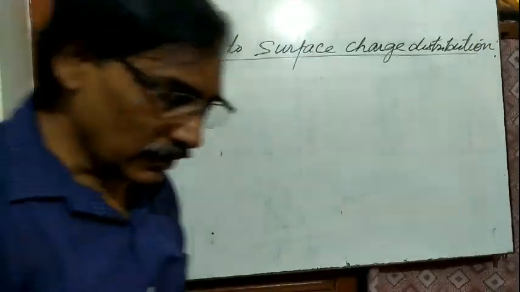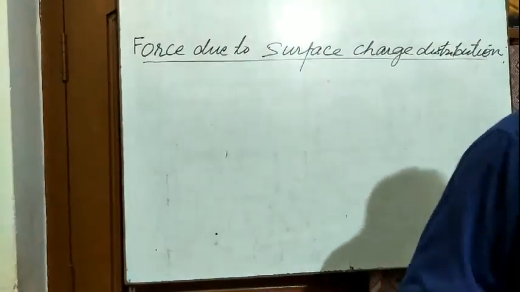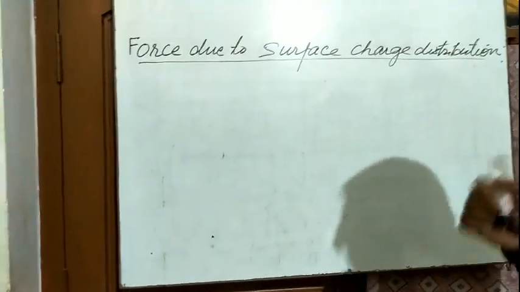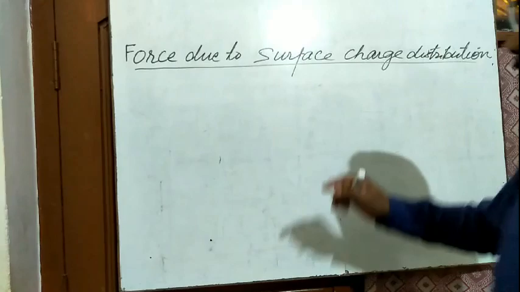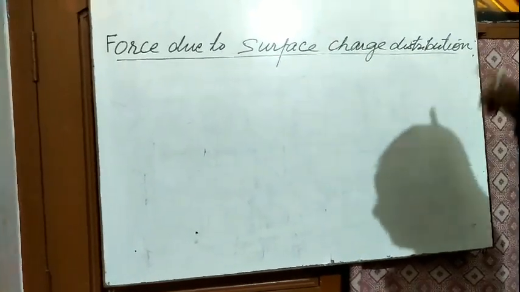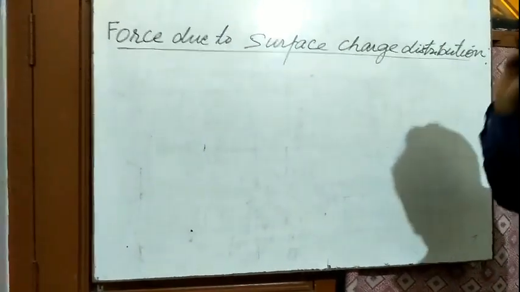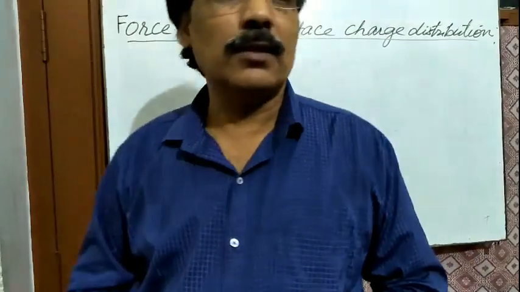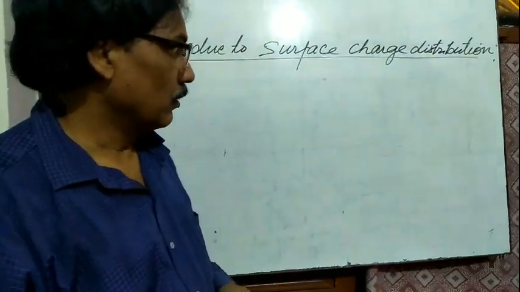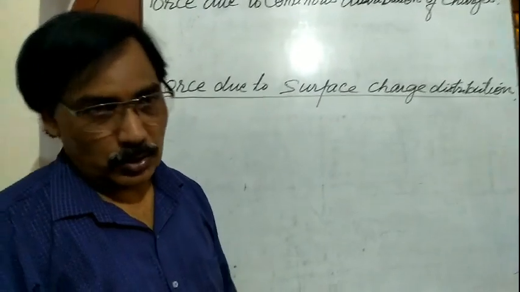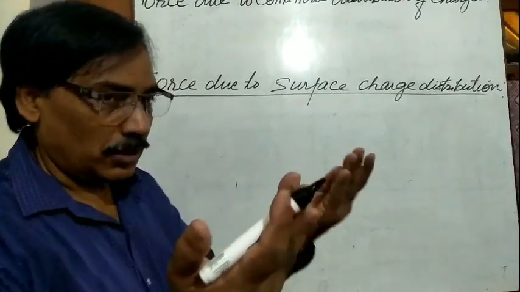As we have defined linear charge density in case of linear charge distribution, here we will define surface charge density when the charge is distributed two-dimensionally. Suppose we have a sheet.